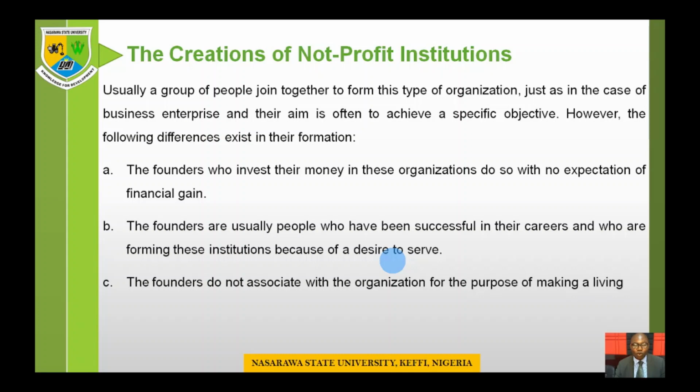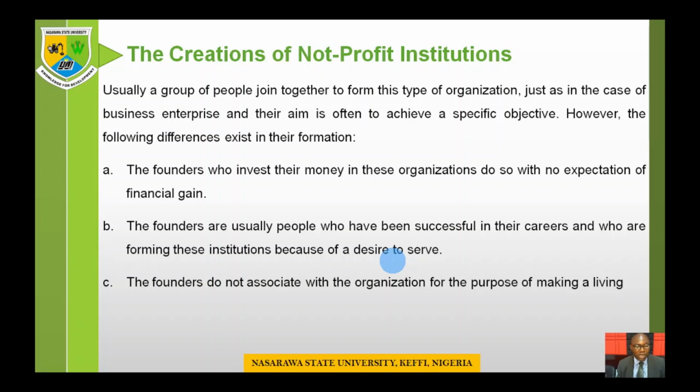What this means is that if you have made it in a particular sphere of life, in a particular career, you can give a better life to the community where you come from, or to the society generally in various areas.